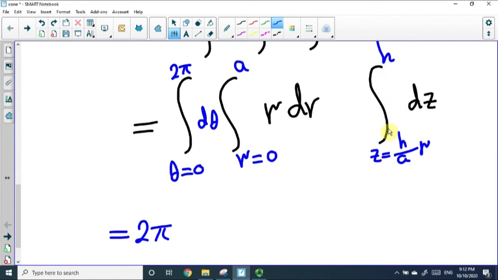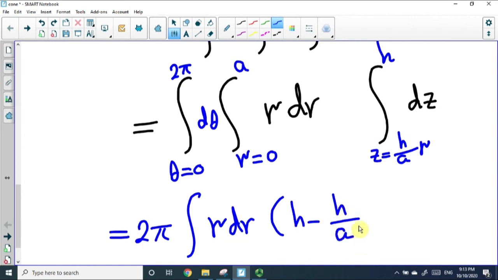I'm going to start with dz first. The integration of dz is going to be z, with the limits from the lower limit to the upper limit. So I'm going to keep the integration over r for now. I'm just going to do the integration over z and substitute the limits, and the limits will give me h minus h over a times r. And for r, the limits are, as we said, from 0 to a.